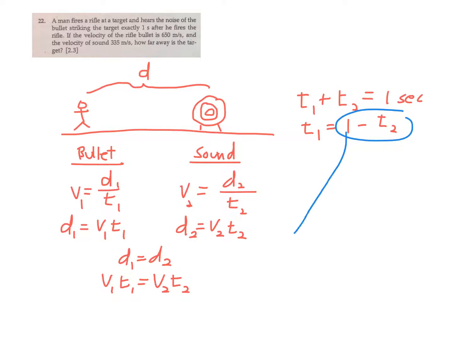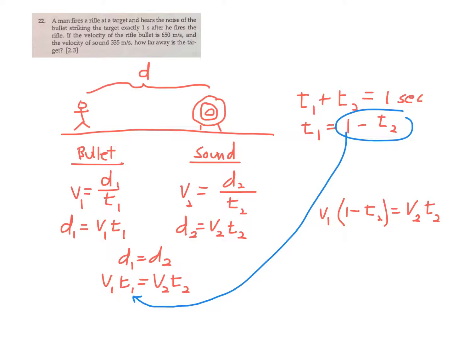I could have started plugging numbers in already, but that's my T sub 1. In other words, once I plugged it all in together, I end up with V sub 1 times the quantity 1 minus T sub 2 equals V sub 2 T sub 2.